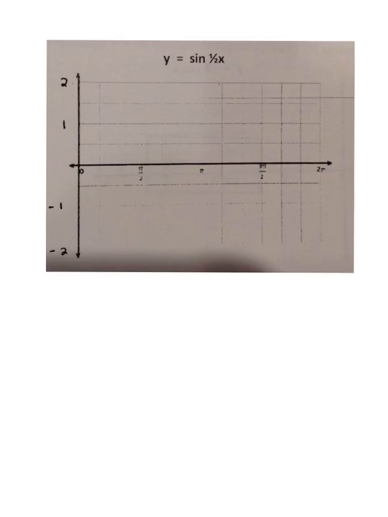All right, so let's look at y equals sine 1/2 x. Well, the amplitude is 1. That's the number right in front there. And my frequency is 1/2. So what that means is I'm only going to see half of a sine curve from 0 to 2 pi.